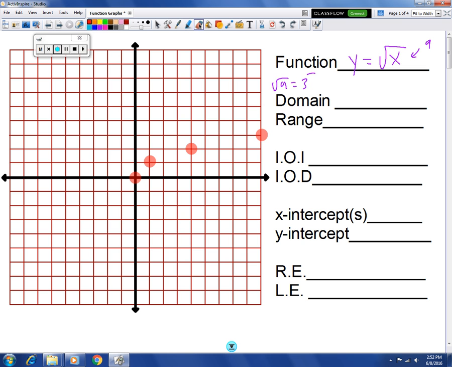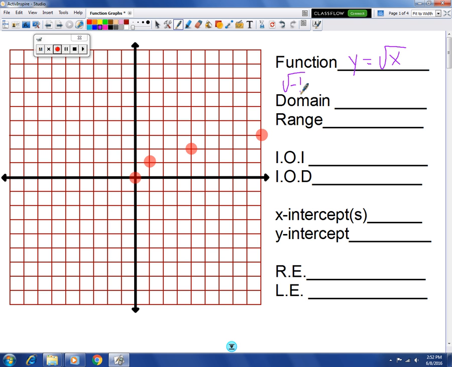Now, not really an issue, but just a characteristic of the square root function is we don't allow square roots of negative numbers. So I'm not allowed, when I'm doing a real number graph, to substitute negatives.